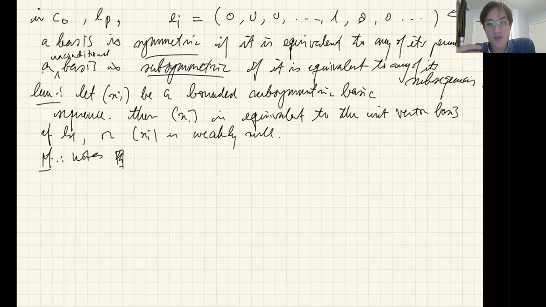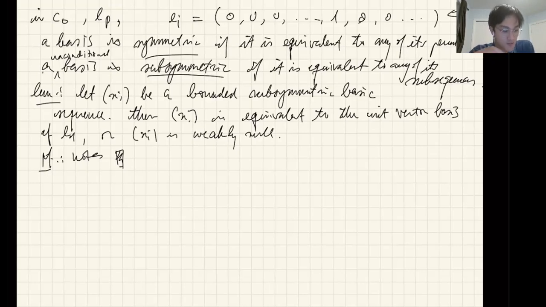Every infinite dimensional Banach space seemed to have a copy of c0 or l_p, but it turns out that's not true, because in 1974, Tsirelson constructed a space that does not have any subspace isomorphic to c0 or l_p for any finite p.